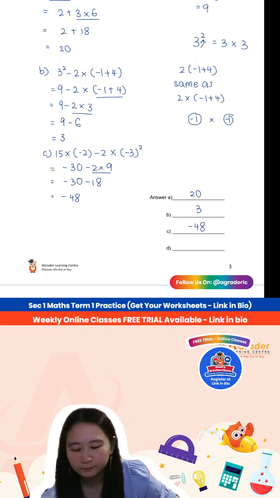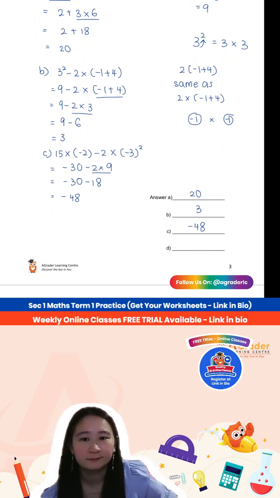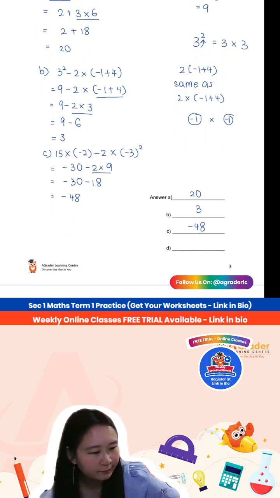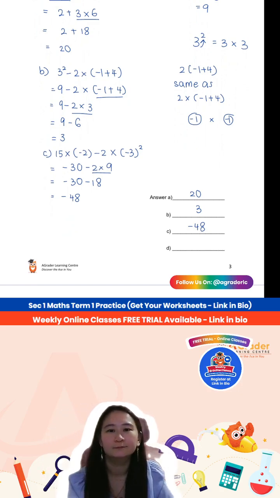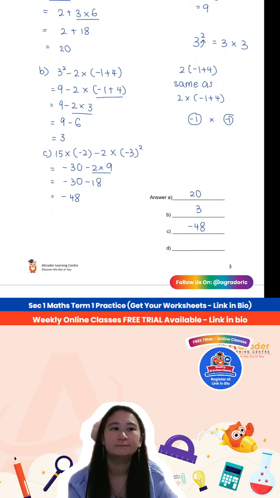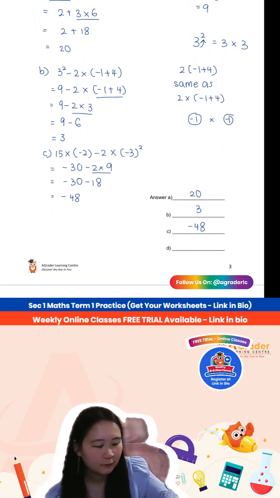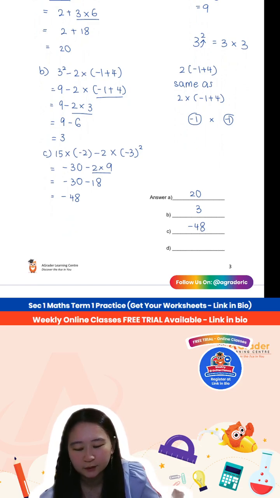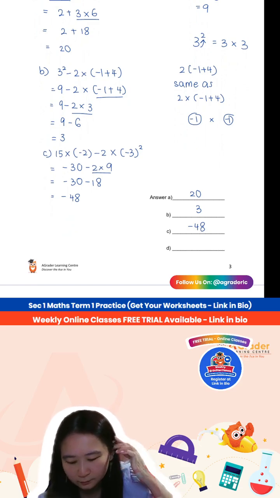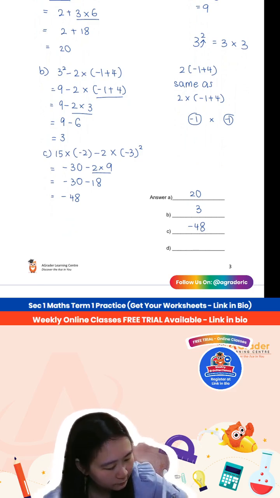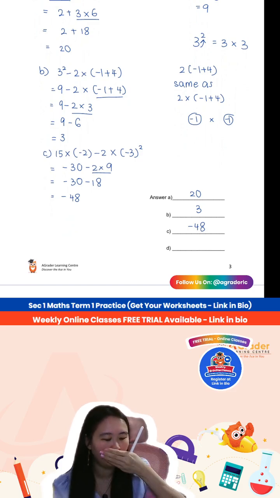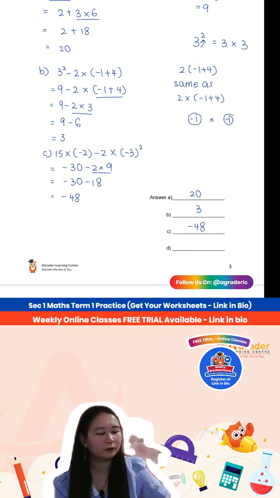Okay, part D. 2/5 squared plus 6 times 0. Anything multiplied by 0 is always 0. Sorry, it's 2/5. Anything squared means you multiply by itself.